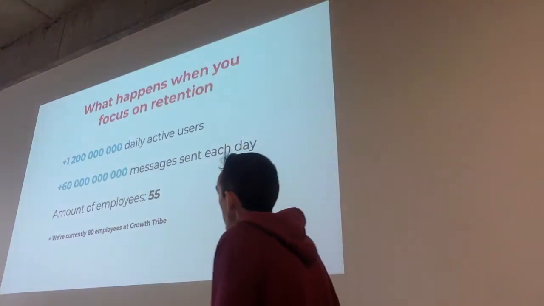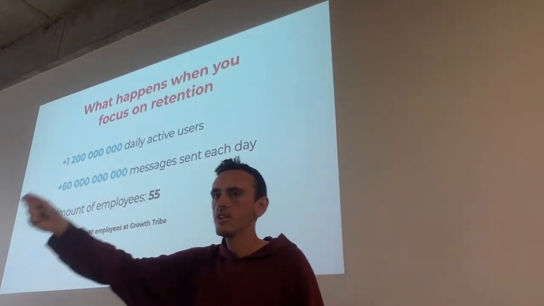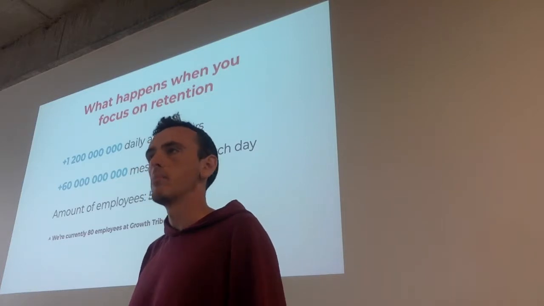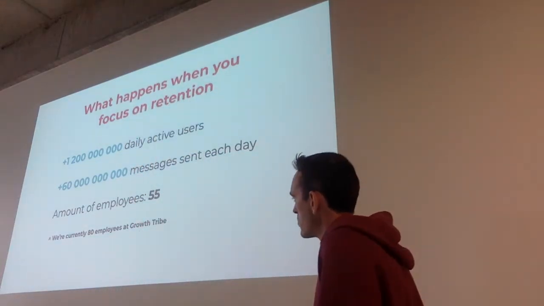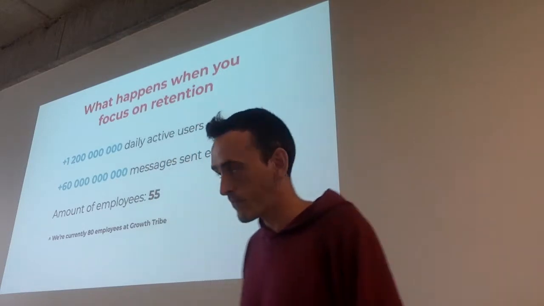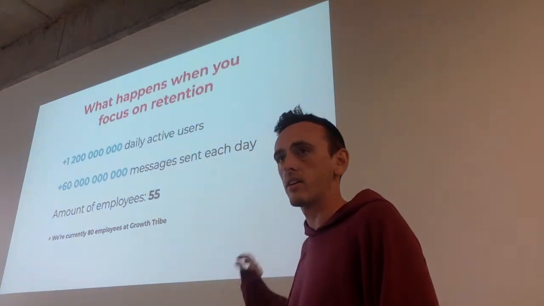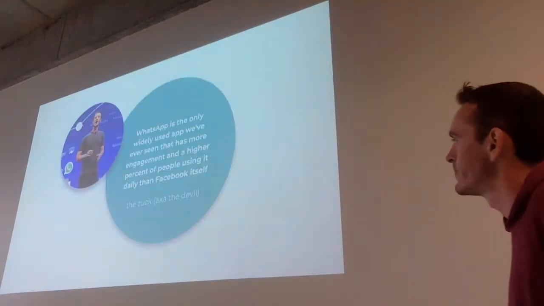And to put that in scope, more communication is done over WhatsApp than SMS worldwide. So WhatsApp is currently bigger than SMS, and more people take advantage of WhatsApp rather than traditional SMS, to say something about the scale. And furthermore, they were 55 people managing all of this. To compare, we're currently 80 people at Rothschild, and we're not near a $19 billion acquisition, as far as I know.